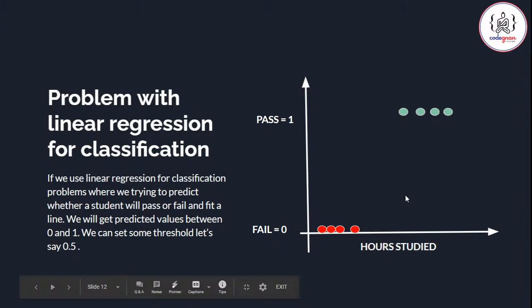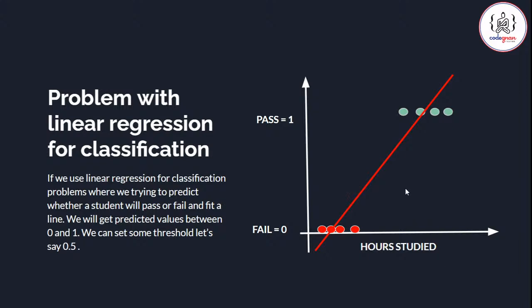Now let's see here, if I fit this line, then we will try to fit all these points and have minimum distances from each point, right? Now here you might say let's decide a number, that if a student is studying less than x hours, then he is going to fail, and if he studies more than x hours, then he is going to pass.